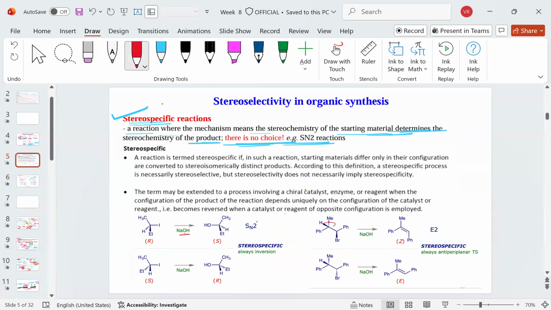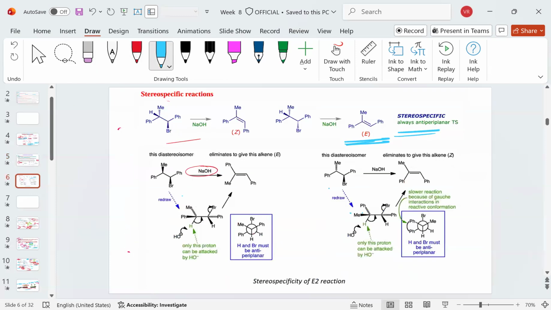In the earlier case also, we call it SN2 because the hydroxide, that is the reagent, and the starting material, two molecules, are involved in the rate determining step, RDS. That's important. Therefore we label it SN2, the bimolecular nucleophilic substitution reaction. That's the full terminology. E2 elimination is also the same, with both reagent and substrate involved. So SN2 and E2 elimination are examples of stereospecific reactions.